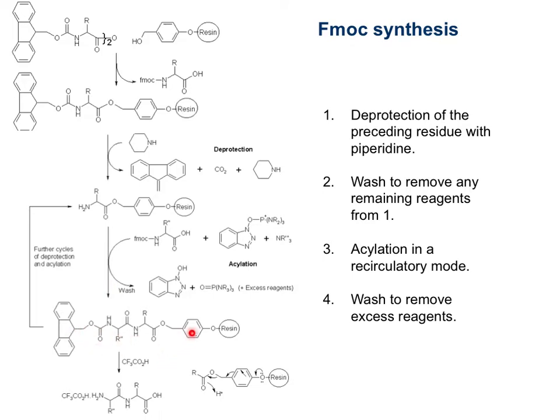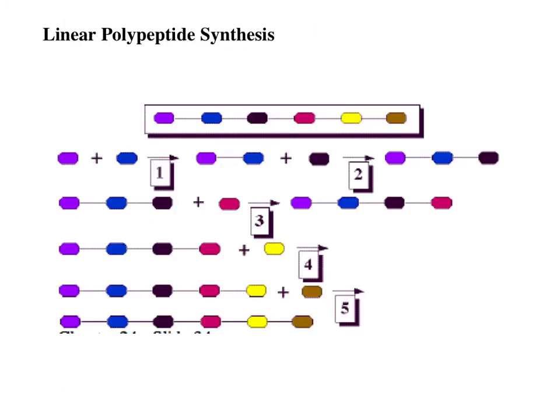And then when you're ready with your polypeptide, treat it with trifluoroacetic acid, and this is the mechanism by which you can remove it off the resin upon treating with the acid. So the nice part about this is that you can acylate in a recirculatory mode as well as wash to remove excess reagents.